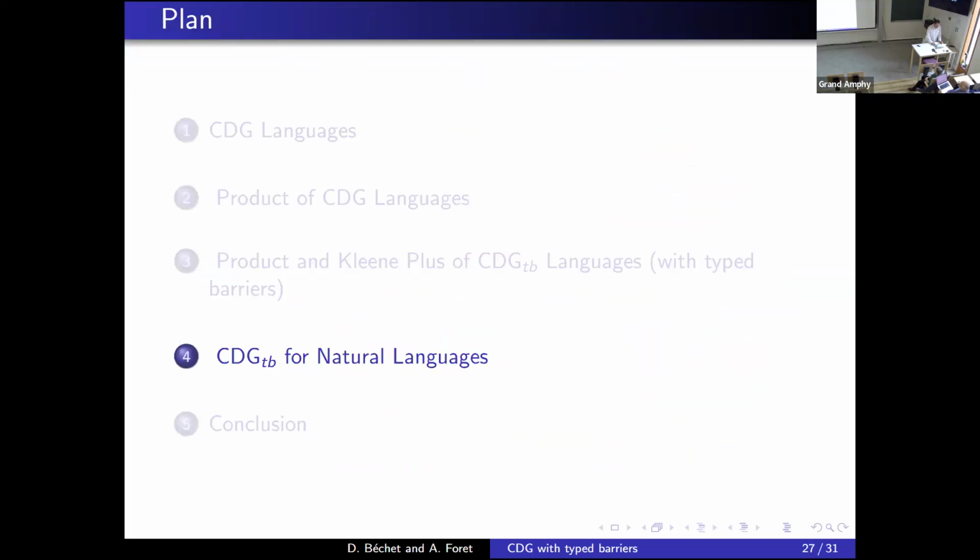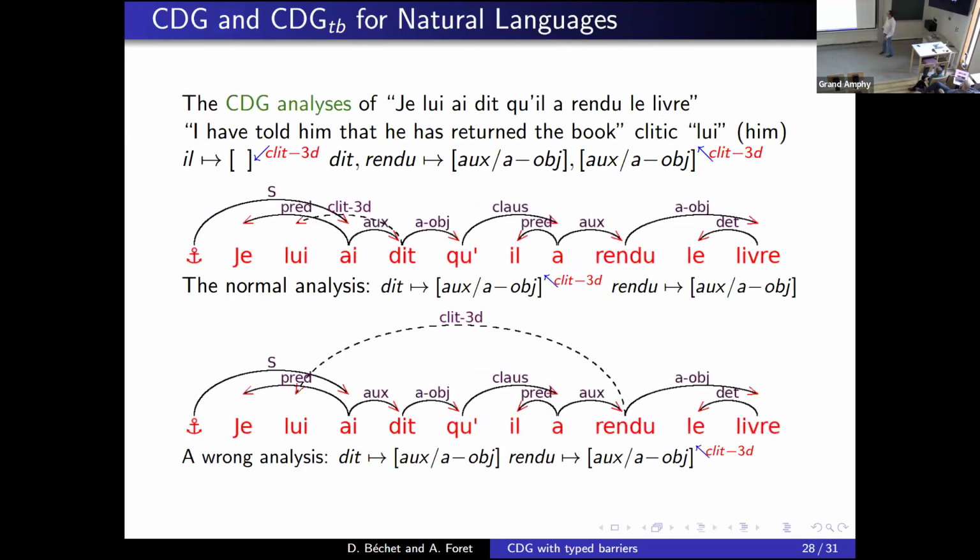I want to finish using the first problem that I mentioned, this example with the sentence "Je lui ai dit": I have told him that he has returned the book, with the problem of the clitic. This one is the normal analysis, and this one is the wrong analysis. So we have the non-predictive dependency there between the verb rendu and the predictive with the typed barrier.